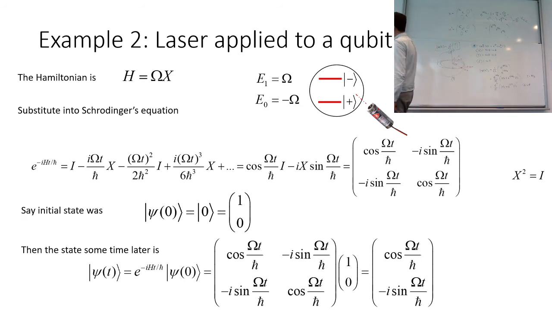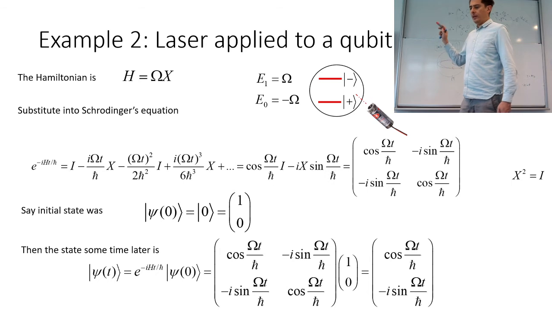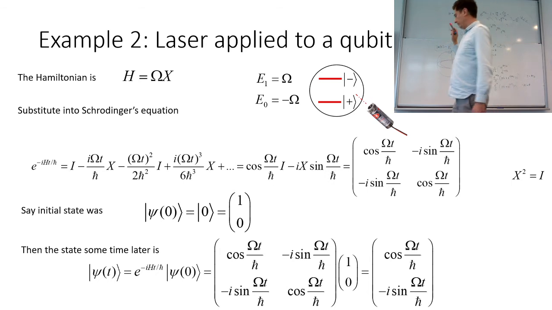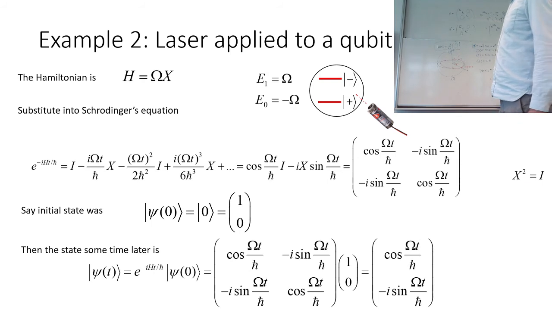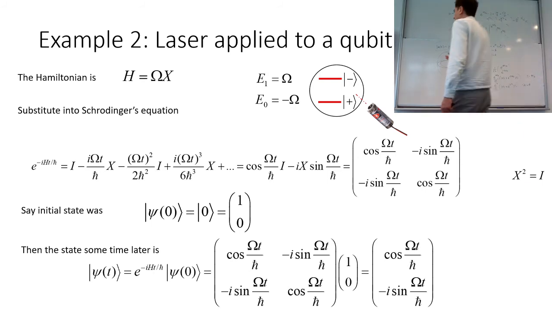Okay, so that was a relatively simple example. But now we also had this other example where the states of the Hamiltonian were not just 0 or 1, but some other states. So in this example, the actual energy states are the plus and minus states.